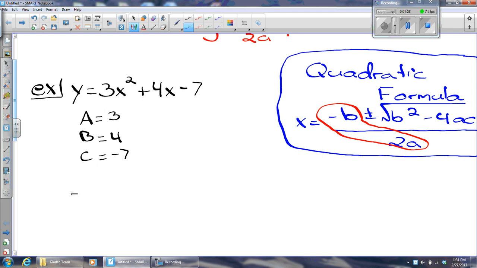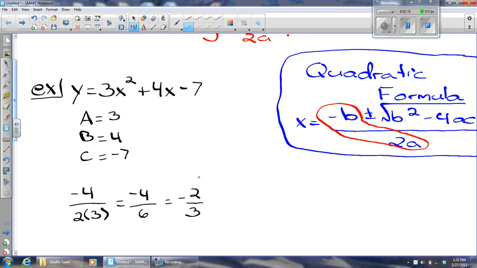So we have negative 4 over 2 times 3. When we do this, we get negative 4 over 6, and this reduces to negative 2/3.